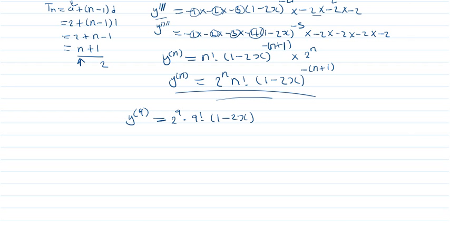Here we have a 9 plus 1, so it will be 10. Simplifying this part, you get your ninth derivative. That's how it works. So when you find the nth derivative, just plugging in the number, then everything goes well.